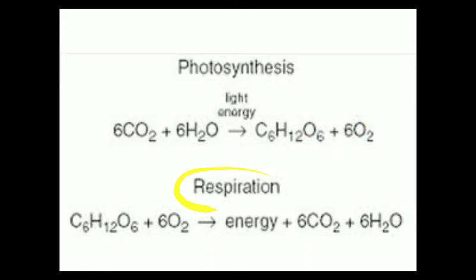But in the process of respiration, 1 molecule of glucose combines with 6 molecules of oxygen to release energy, and CO2 and water will also be released. So these two equations are just reverse processes of each other. Hence we can say that respiration and photosynthesis are reversible processes.